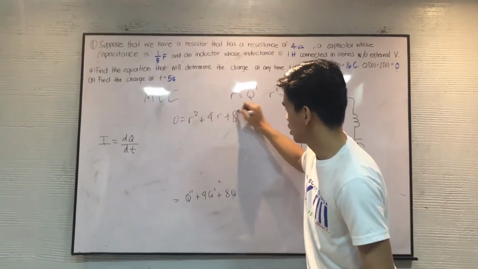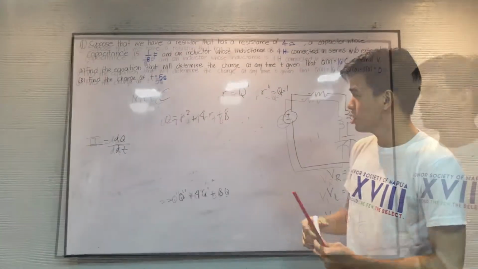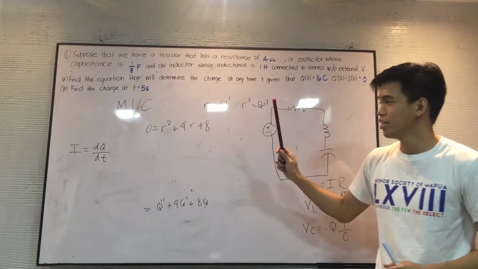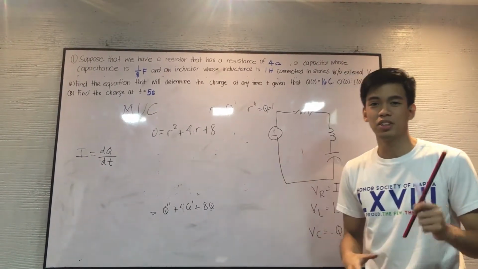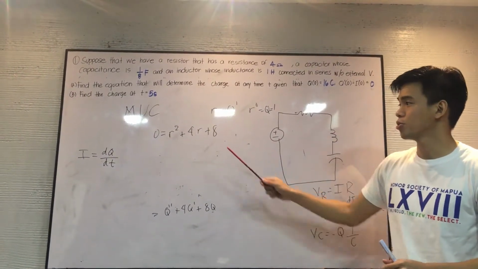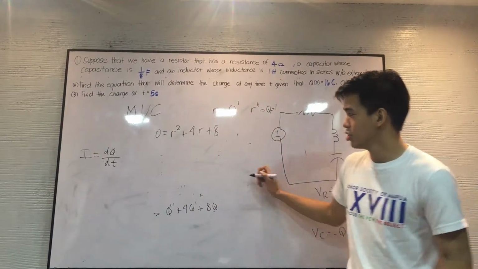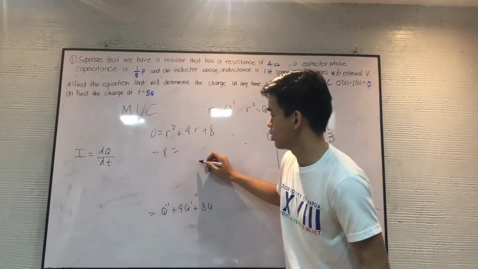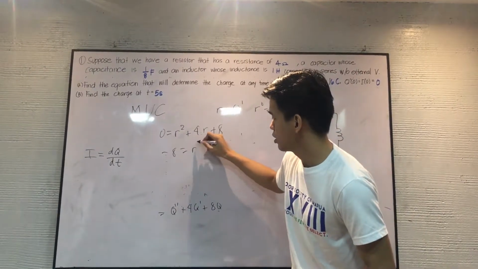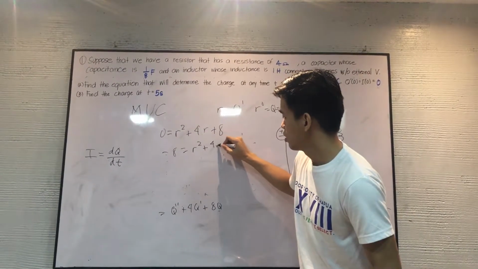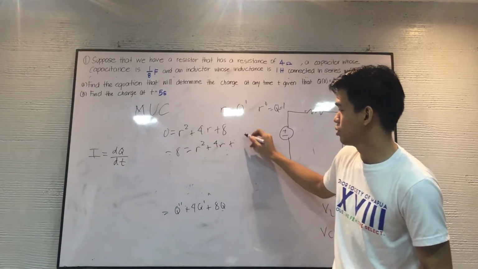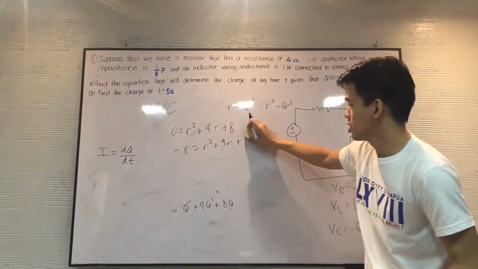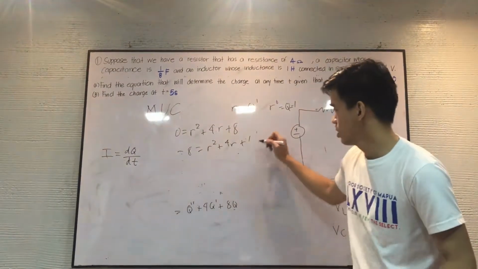So, as you can see, we have a second degree polynomial, and we can use the method of completing the square in order to find the specific r's. So we can transpose this to the other side, which becomes negative 8. Then we have a missing term here, which we can call c.